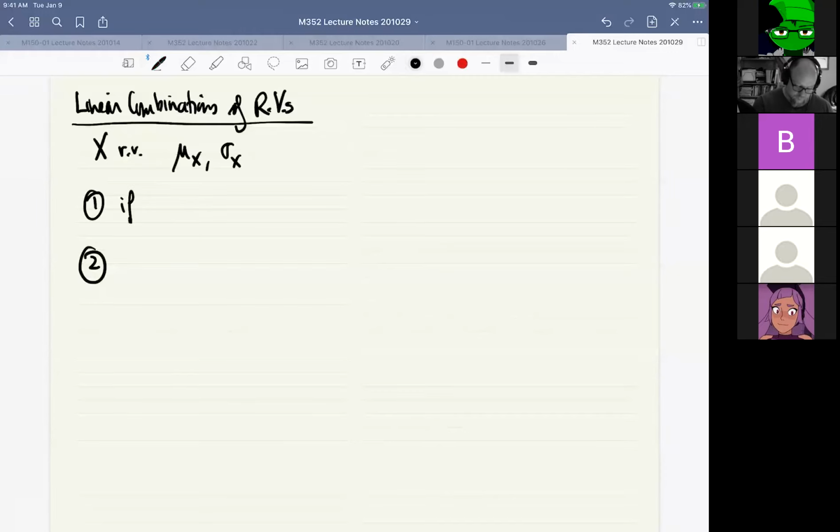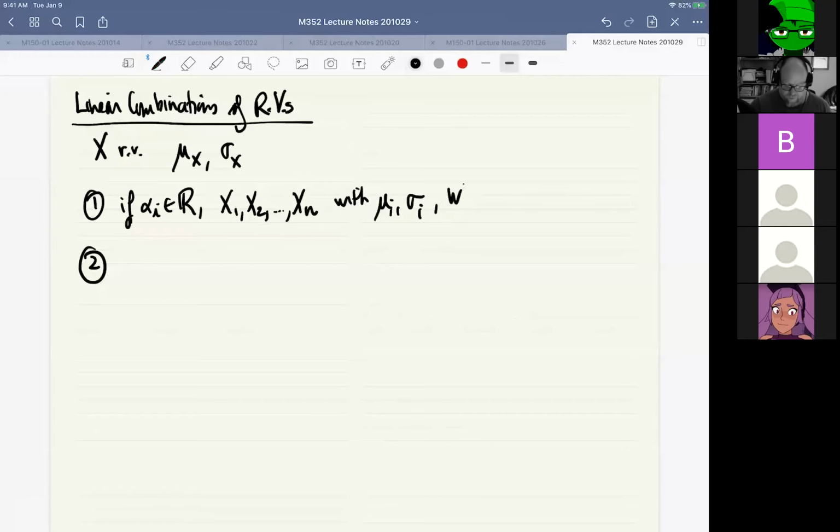So if I take some real constants, I'll call them alpha i, and I have n random variables, they don't have to have the same mean and standard deviation. They could be different. Okay.